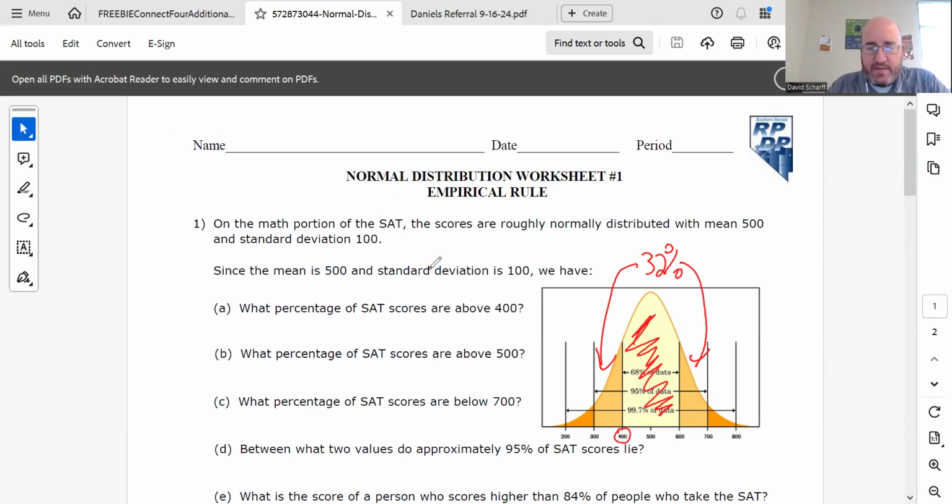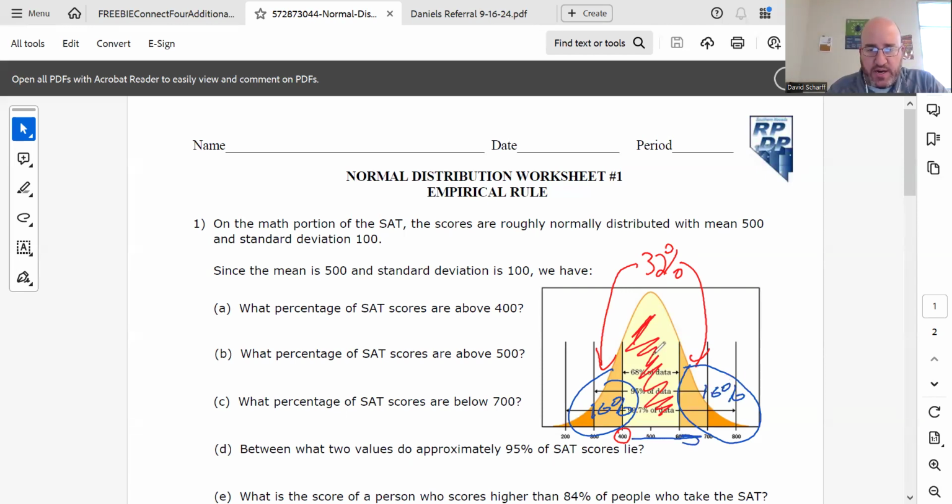Then everything on this side is going to be 16%. And everything on this side, 16%.